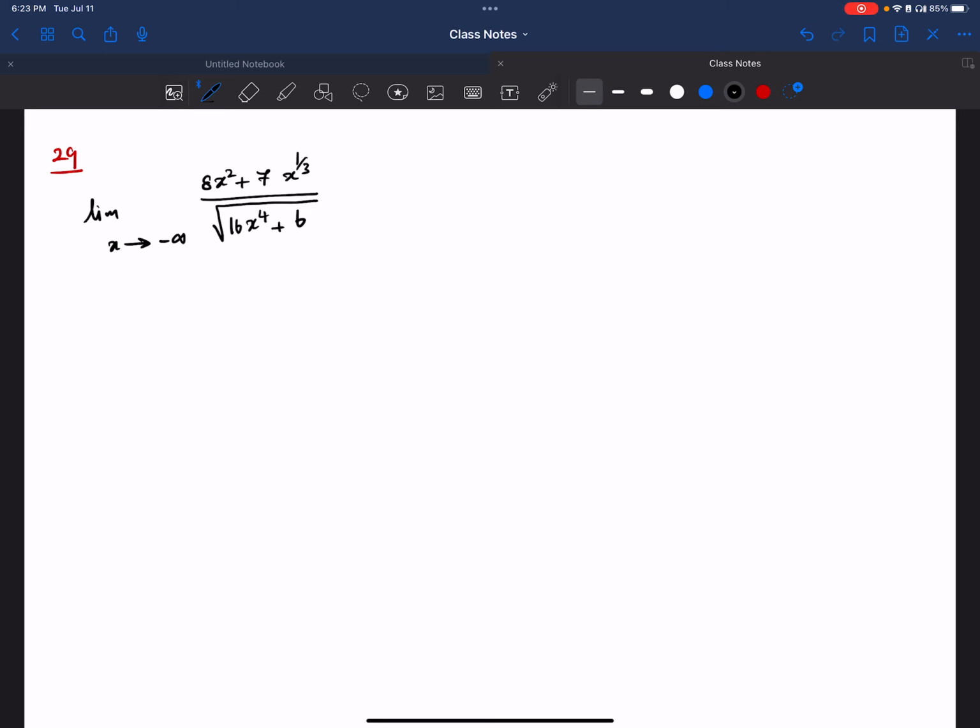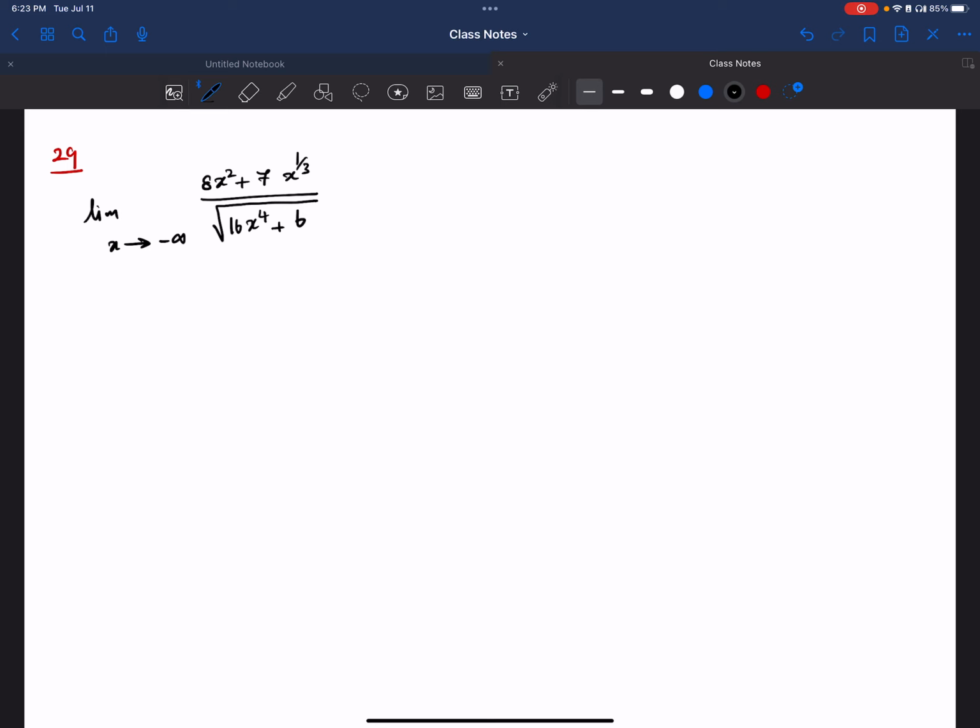Question number 29. What we are going to do is divide by the highest power in the denominator, which is x to the power 4.